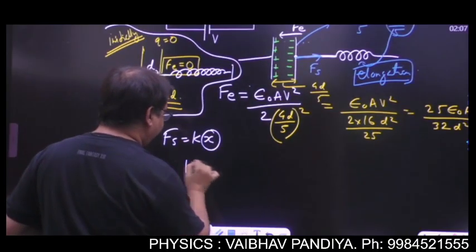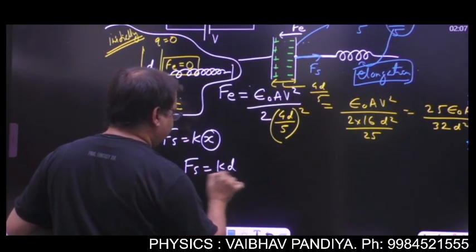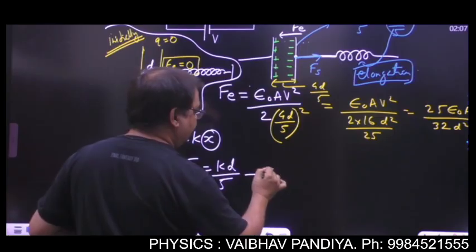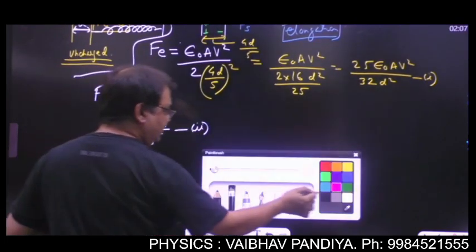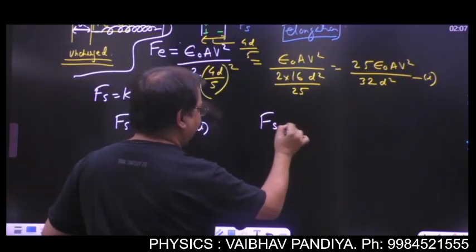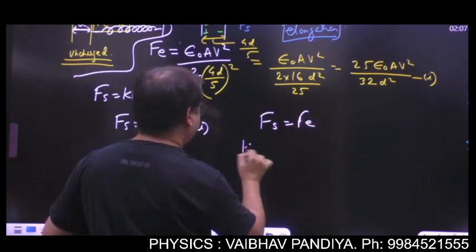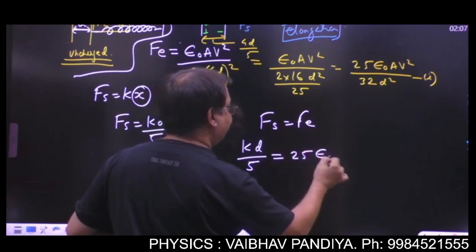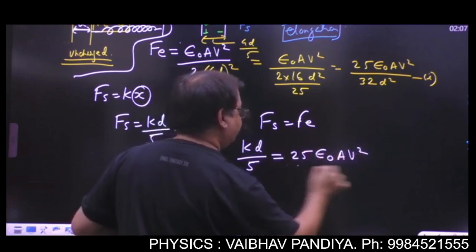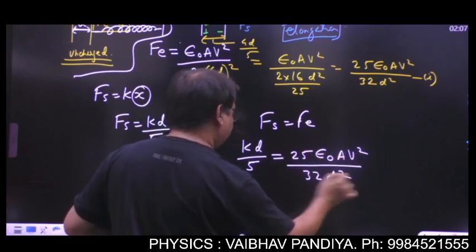So the spring force will be K d by 5. Okay. So we got the electrostatic force between the plates and the spring force. Now at equilibrium, equate both the forces. So I'll get K d by 5 is equal to 25 epsilon naught A V square by 32 d square.